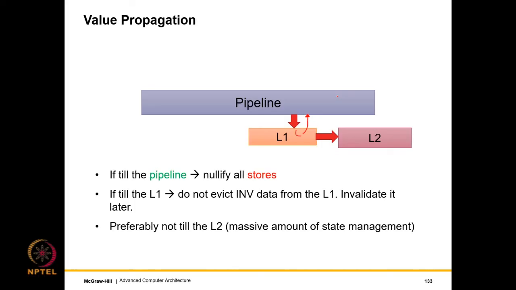So both the options are possible in the sense that we do not allow any writes to the memory in the pipeline. We just absorb, kill all the stores that are invalid, or we allow some junk data to come to the L1 cache, particularly if we are predicting the value of the L2 miss, and then we allow it to proceed in the hope that maybe some good would have come out of it, right?